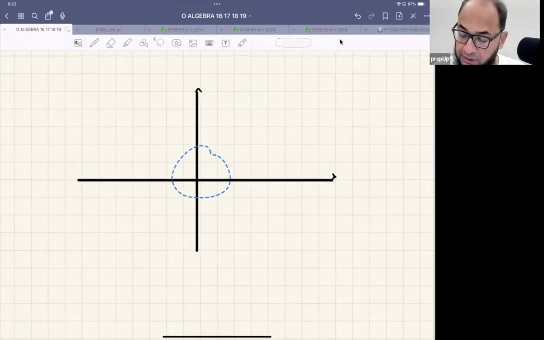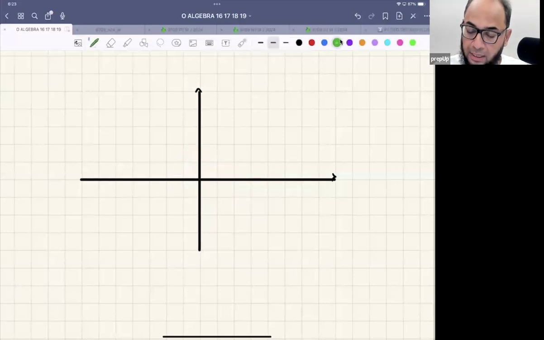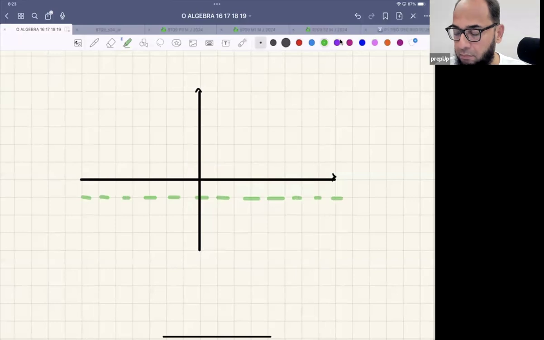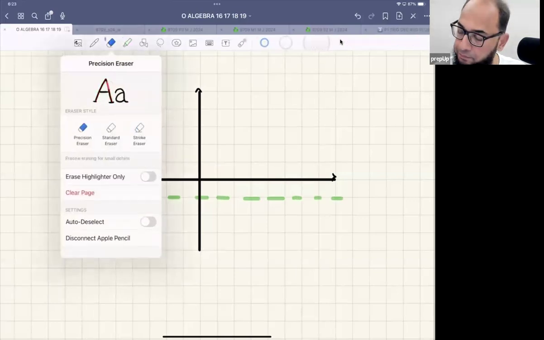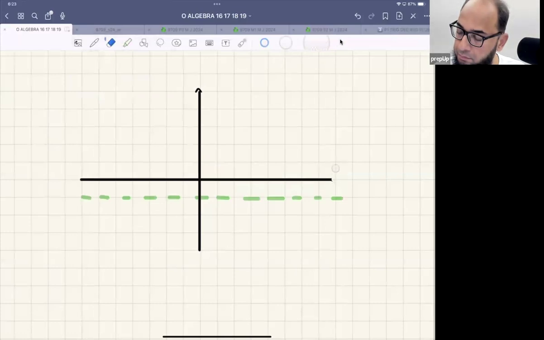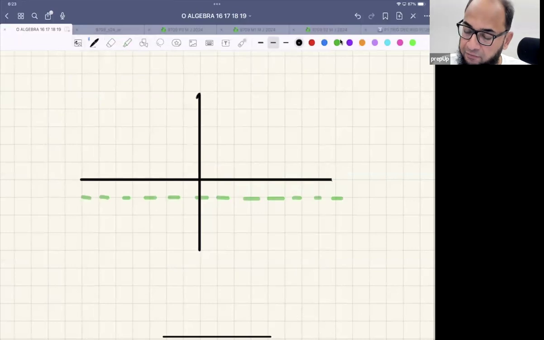So this is the y-axis, x equals 0, the vertical asymptote.